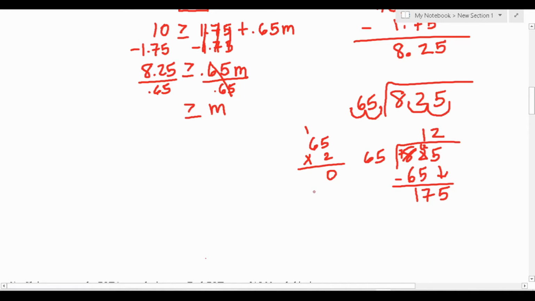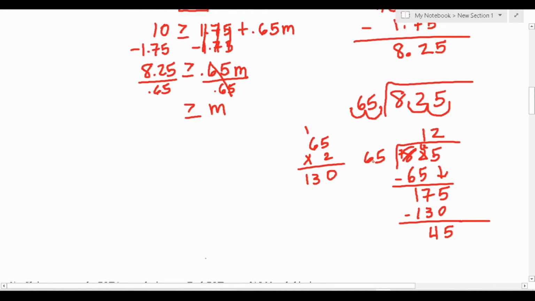Carry the 1. 6 times 2 is 12 plus 1 is 13. So in other words, 65 times 2 is 130. Subtract. 0 minus 5 is 5. 7 minus 3 is 4. 1 minus 1 is nothing.